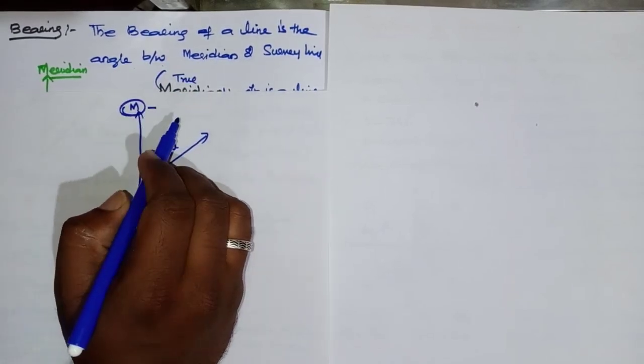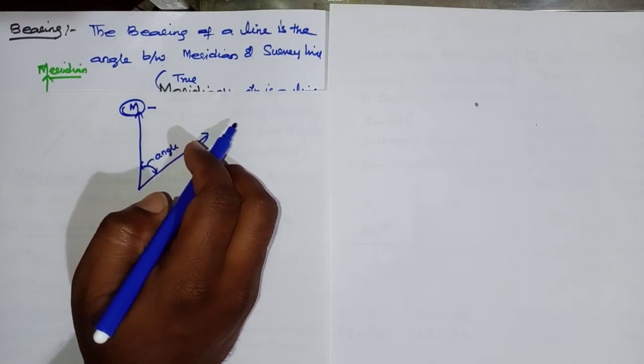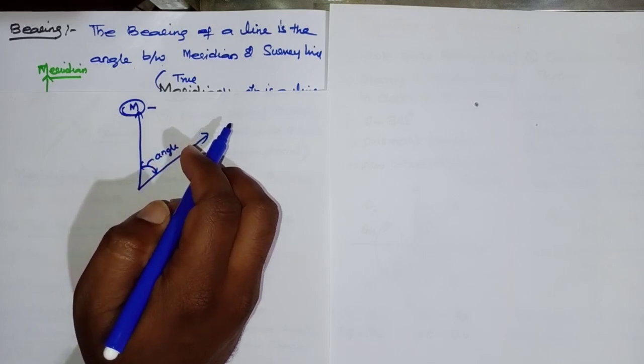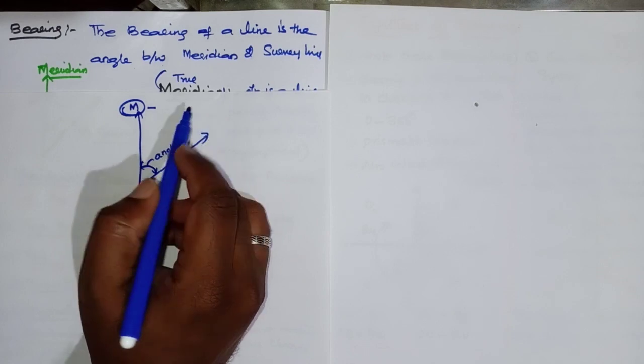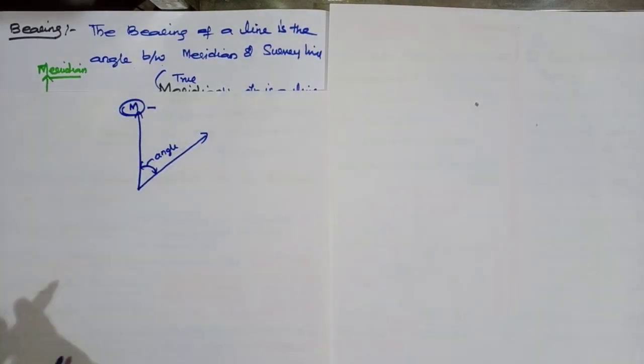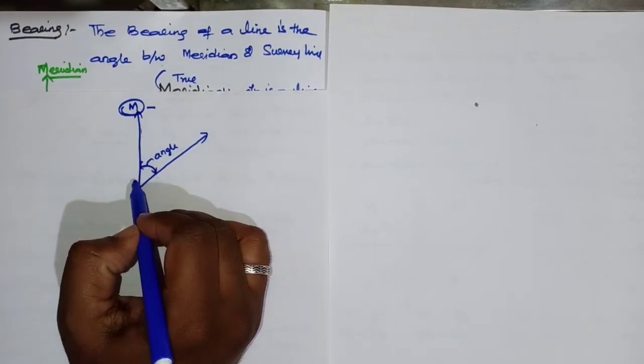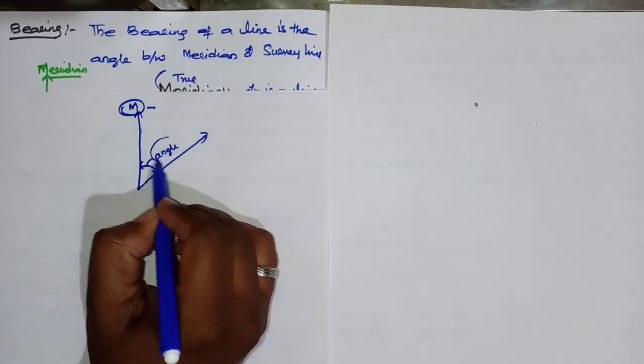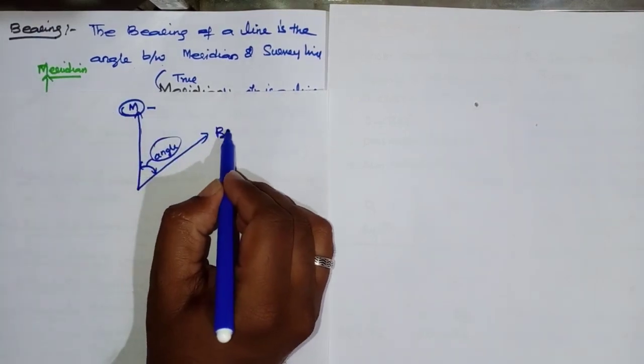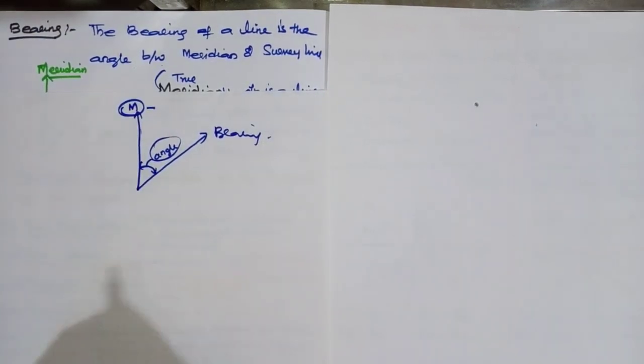Meridian means some fixed line, with respect to some astronomical stars, fixed on the ground itself. Okay, and this is a survey line. The angle made between the meridian and survey line is called a bearing.